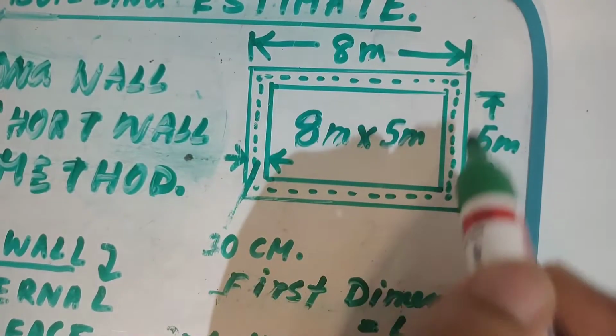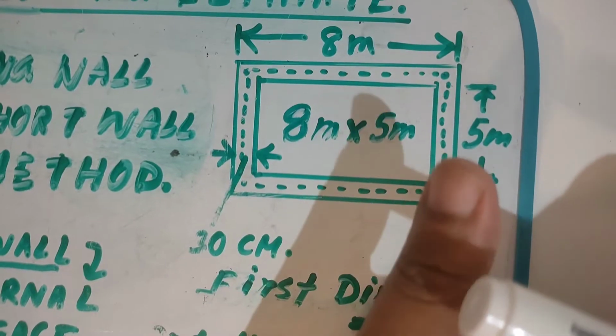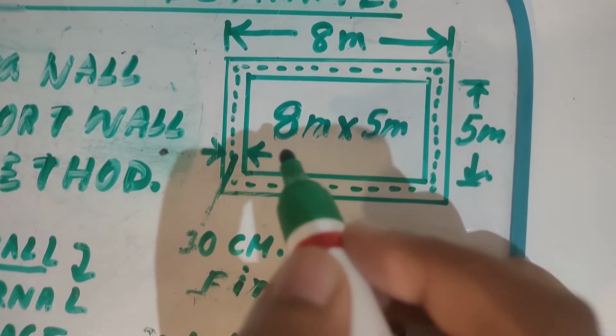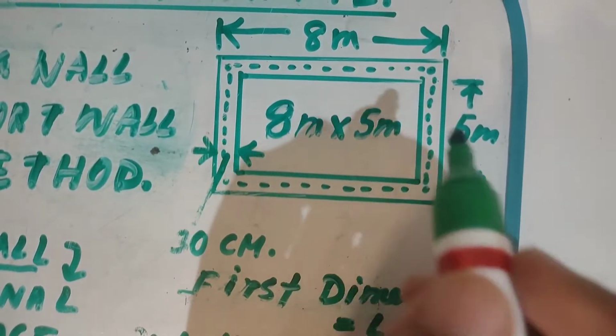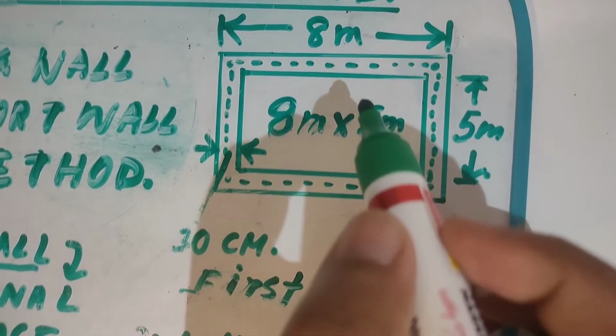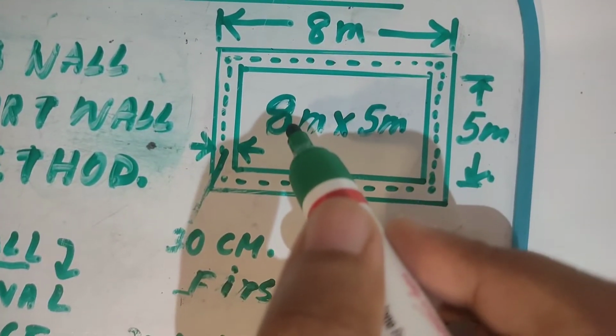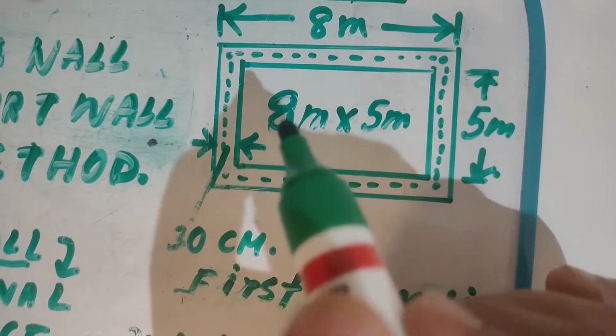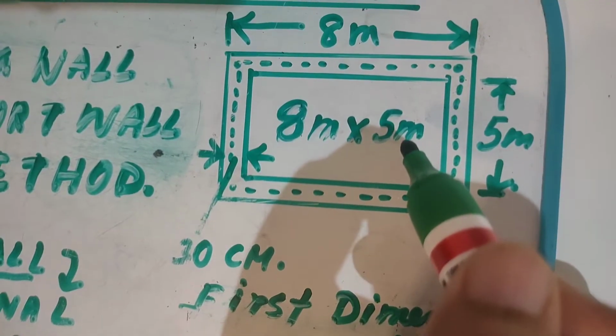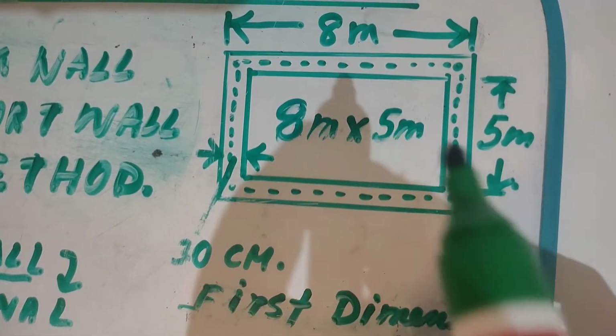So suppose this is a plan of a single room and the dimensions are given as 8 meter into 5 meter. The first dimension is always considered as length and the second dimension is always considered as breadth.